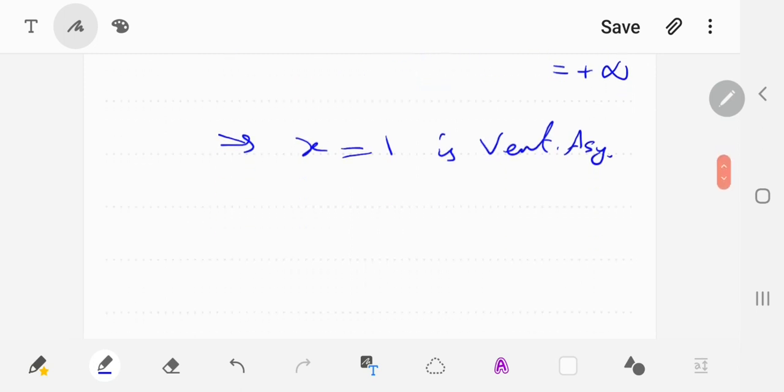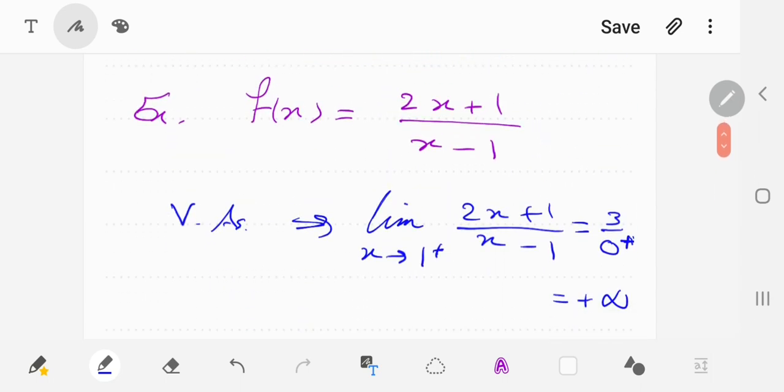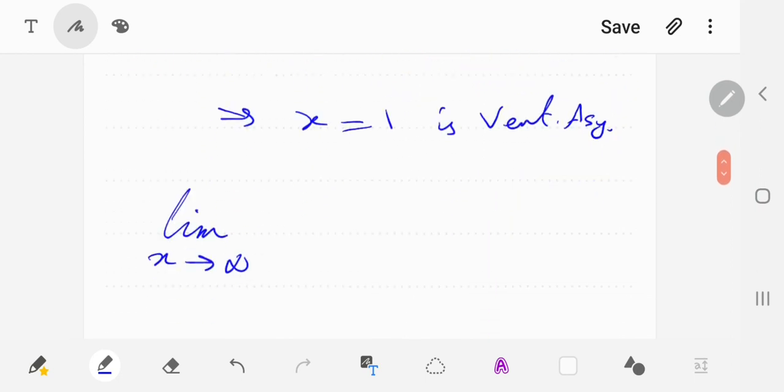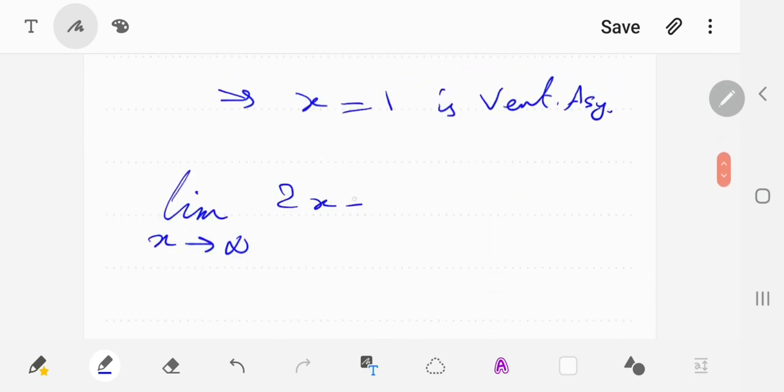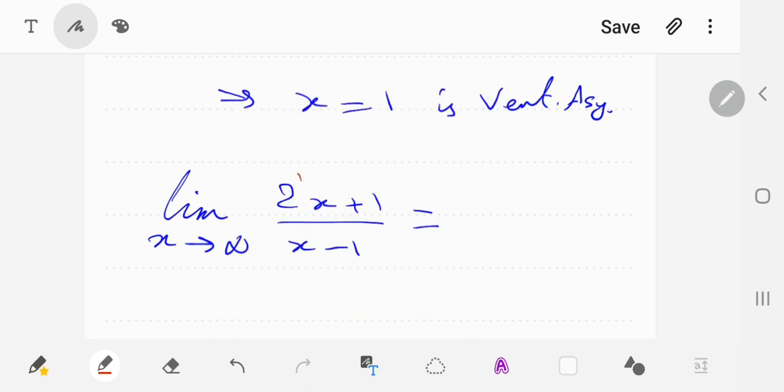Now, same thing, we can check for a horizontal asymptote as x approaches, let's say, positive infinity. Our function is 2x plus 1 over x minus 1. And as I said, in this case, we can immediately depend on the coefficients of x with the highest power, which is x to the power of 1 in this case.